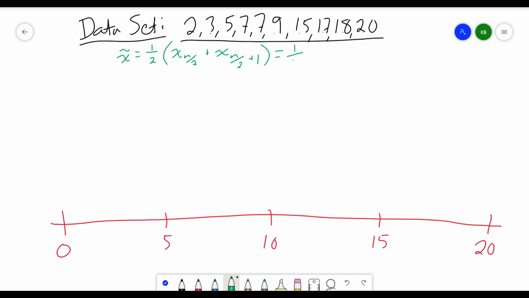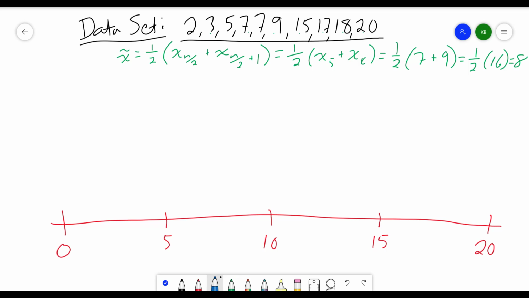So I have 1/2 times x5 plus x5 plus 1 is x6. Since I have these in increasing order already, I have x1, 2, 3, 4, 5. So I'm going to take a 7, and I'm adding to that the sixth one, which is 9, and I'm going to take half of that. So 1/2 times 16 is 8. So the median of my data set is 8.